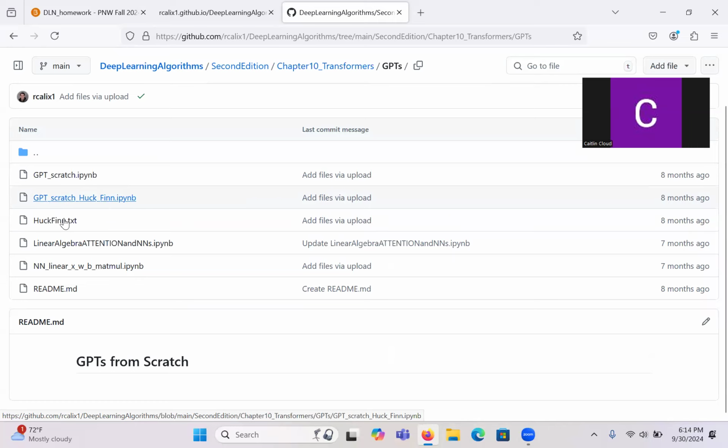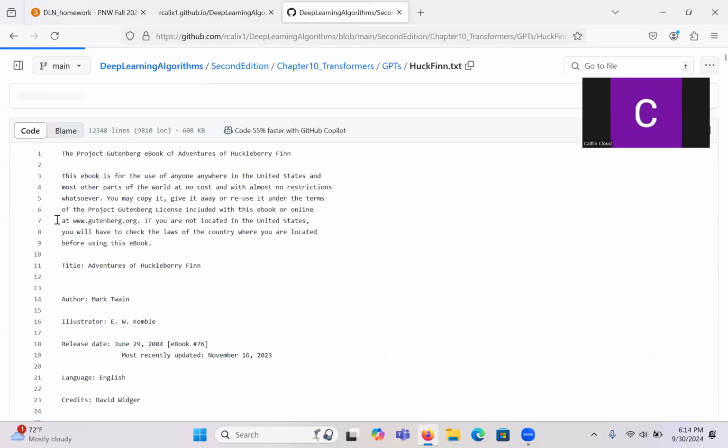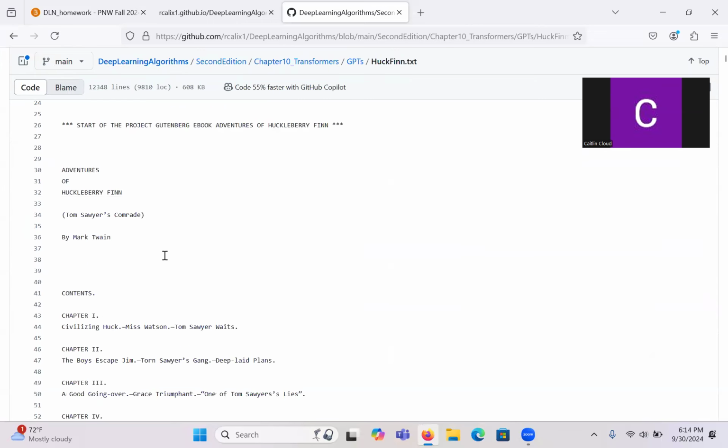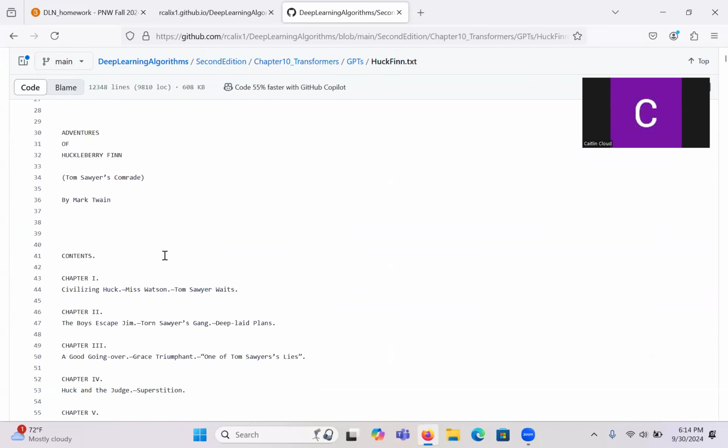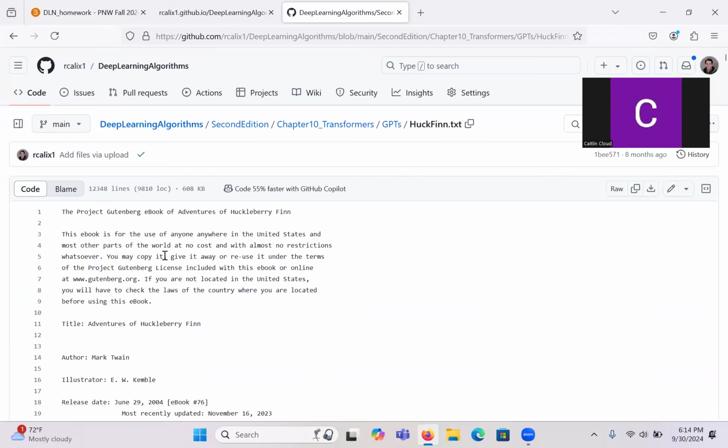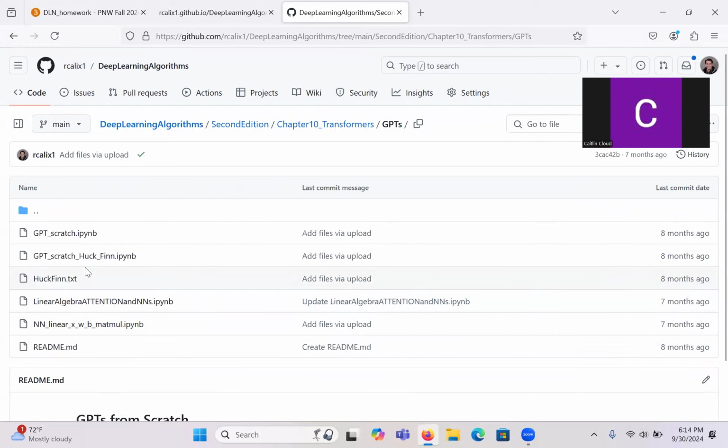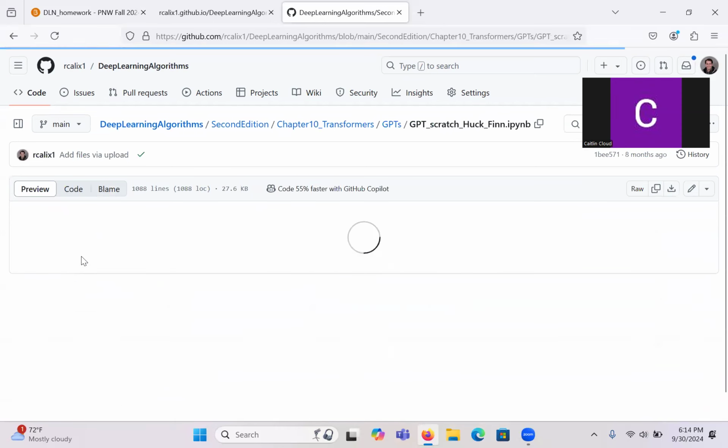This example takes Huck Finn, the Adventures of Huckleberry Finn, from the Gutenberg library. The idea is that we're going to train the model on that book. We're going to start by looking at some of the issues necessary to train the model. This is the Jupyter notebook.